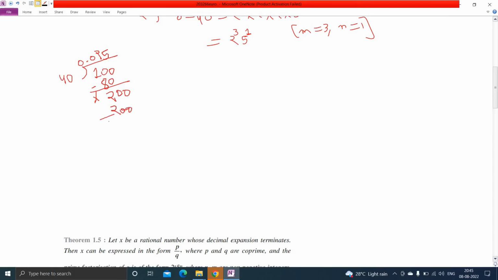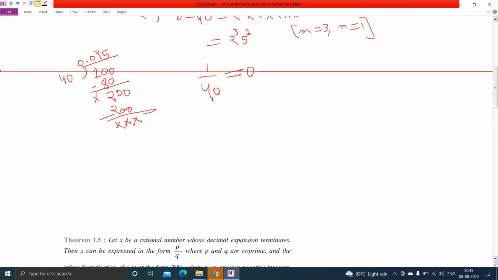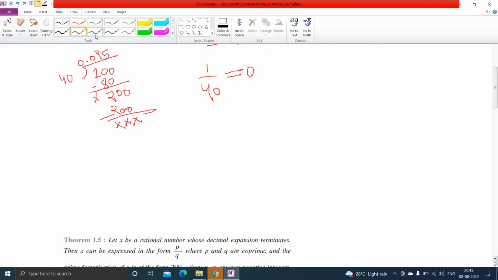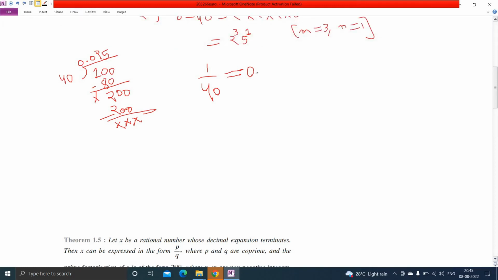When I divide 1 by 40, you can see it has terminated at some point, and that point is 5. So 1 upon 40, when divided, gives 0.025 as the answer. Wait a minute, I need to change my pen color.